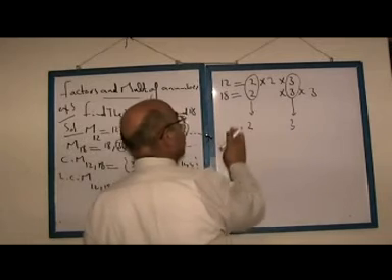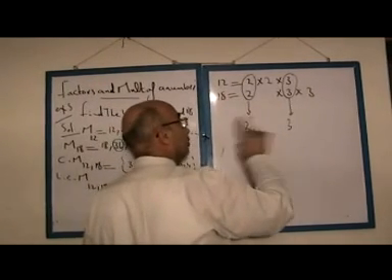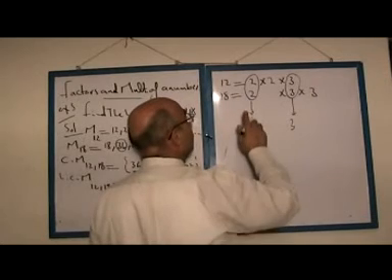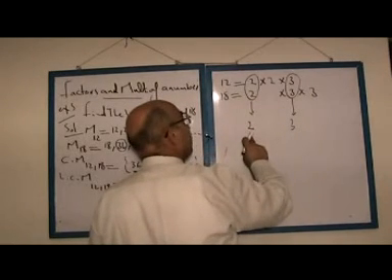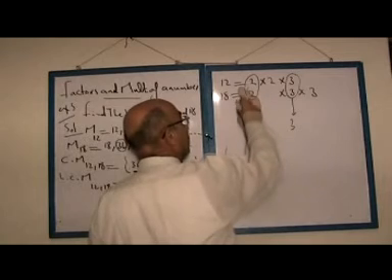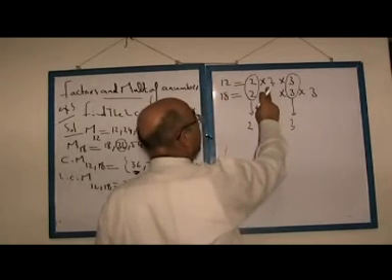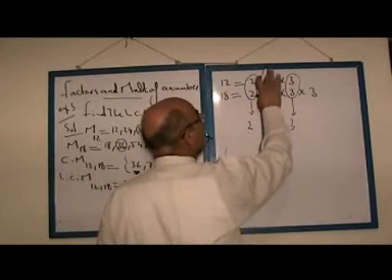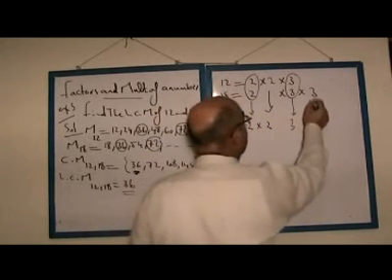As for the lowest common multiple, we follow the same steps, but when we come to those that are common, we take one of them. From this pair, we take one. From this pair, we take one. And from those that are by themselves, we take them as they are. So it should be 2 times 2, times 3.